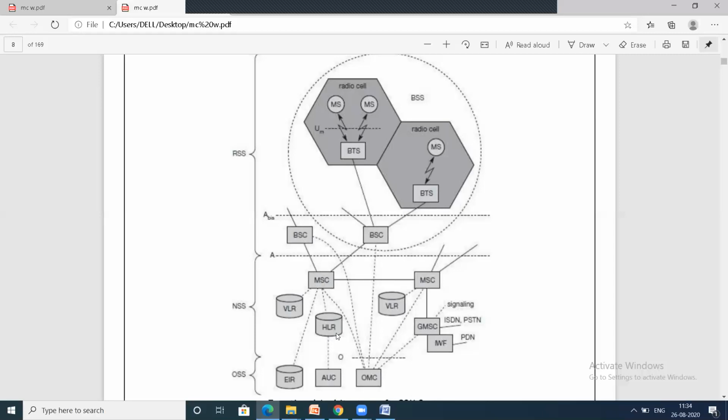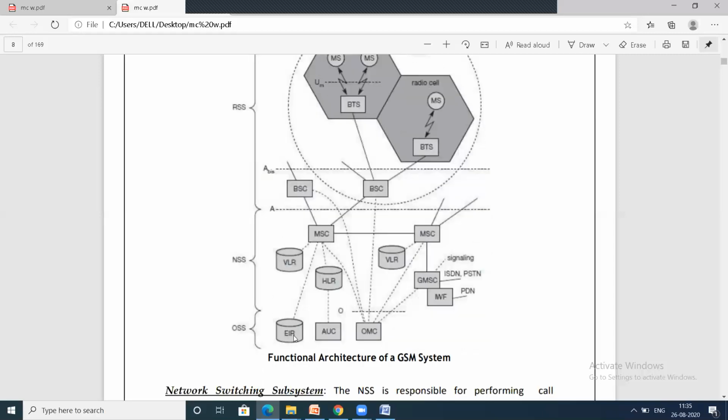HLR, home location register, will keep track of all subscriber information, which is stored permanently in the database. Here, this is also MSC, this is GMSC, gateway mobile switching center, and these are several public data networks: ISDN, PSTN, PDN, and the equipment identity register is also part of NSS.